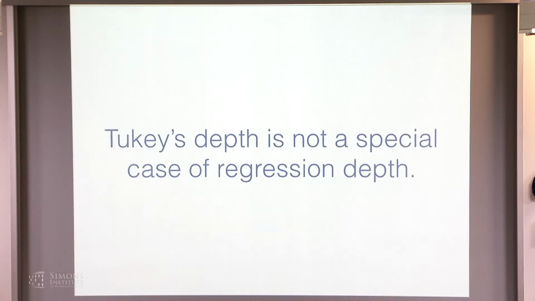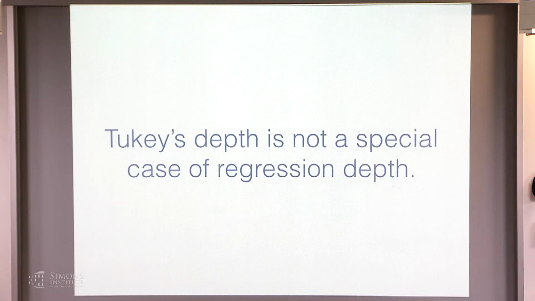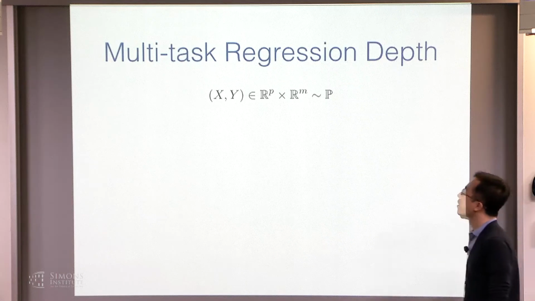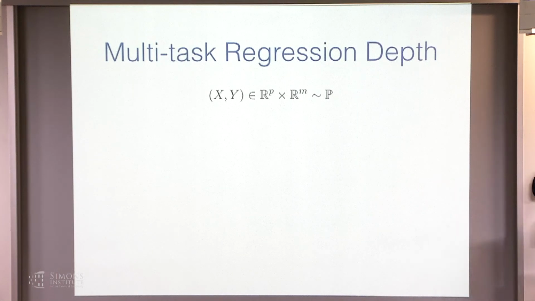These are different concepts. So in order to understand these two depth functions from a unified framework, we need to introduce something even more general called multitask regression depth. So here we actually generalize the regression model by considering a multitask regression setting where not only the covariate is multivariate, but the response is also a multivariate vector living in an m-dimensional space.